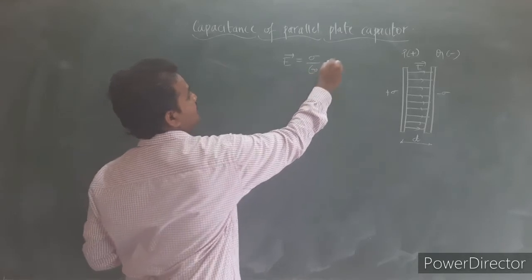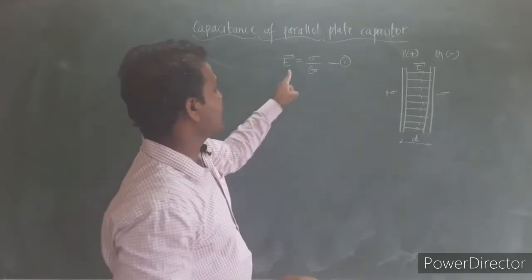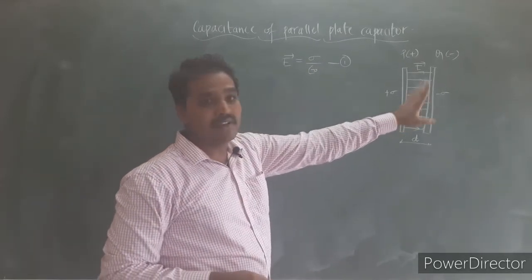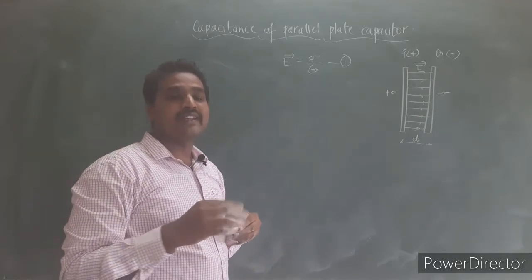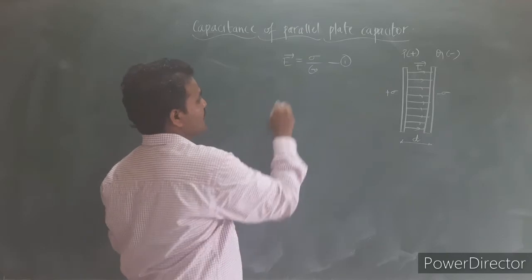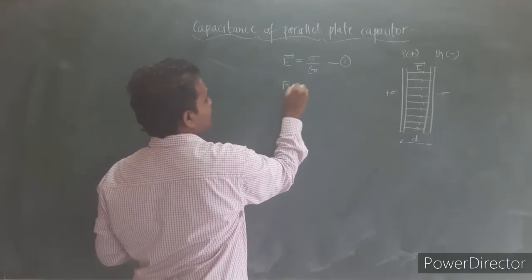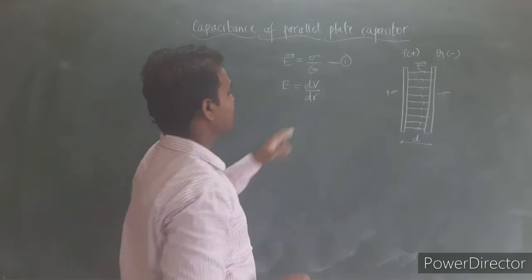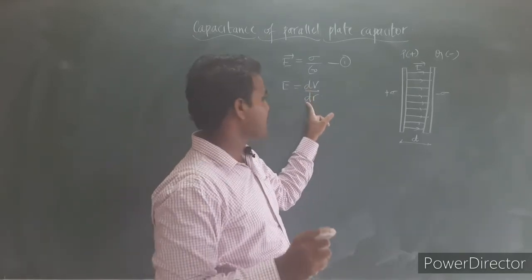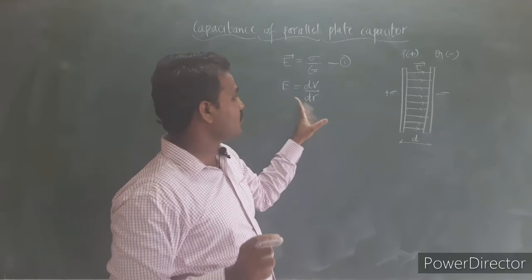Let this be equation number 1. This is the electric field intensity between the parallel plates. And we know the relation between electric field and electric potential. The magnitude of that electric field is given by E is equal to dV divided by dr. dV is the potential difference, dr is the distance between both the points here.